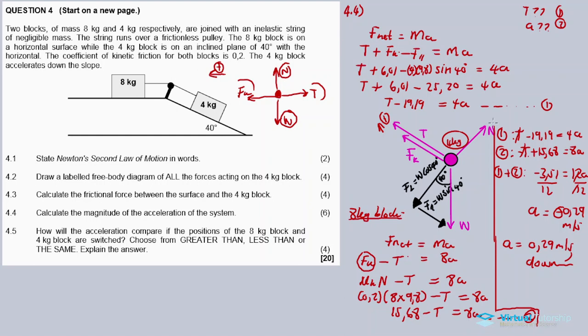So the 4 kg block accelerates down the slope.